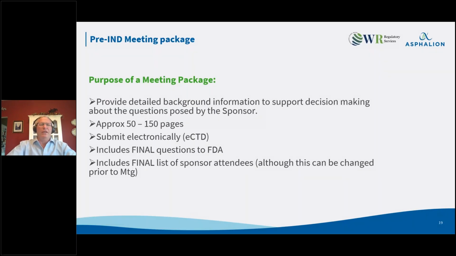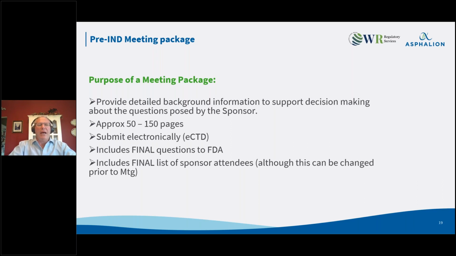The second document is a meeting package or a briefing package or a briefing book document. There's a little bit of wording around it, but it is essentially the same thing. And if FDA grants you a meeting, then they are going to request that you submit a meeting package for a pre-IND meeting.